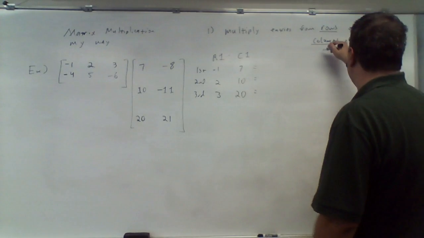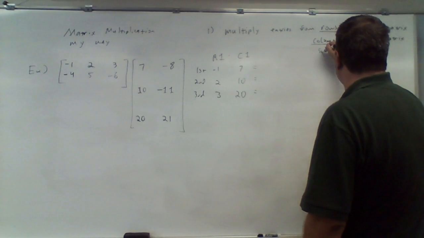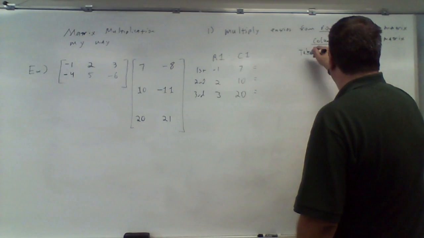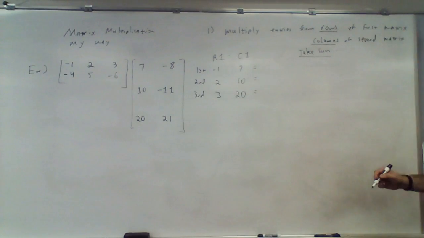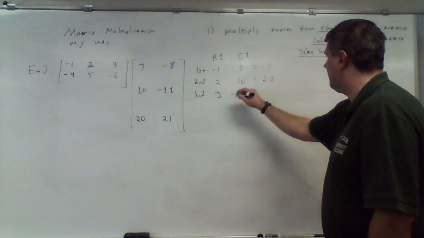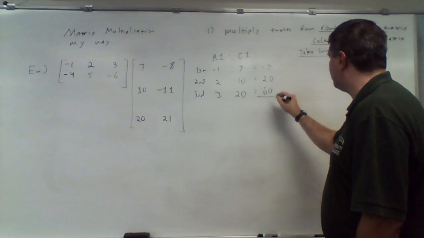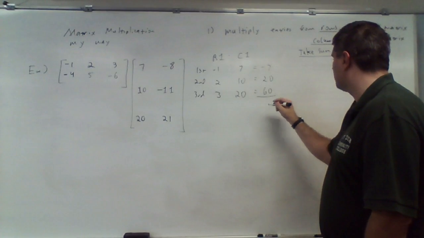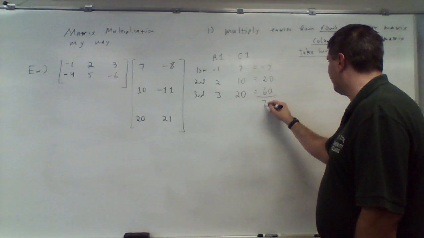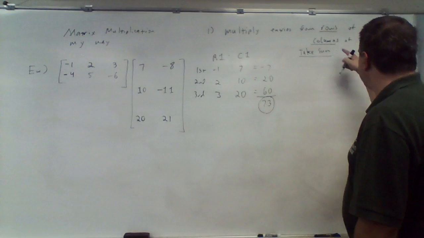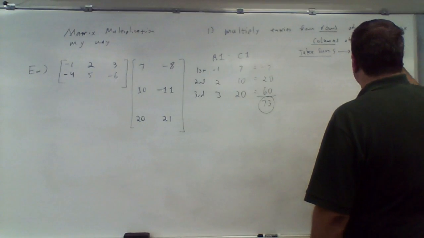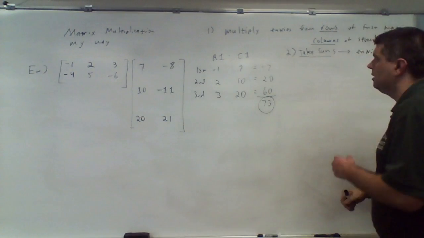Then take the sum. So that's going to be -7, 20, and 60. And the sum would be 80, take away 7, that's going to be 73. Okay, take sums, those will be your entries. All right.